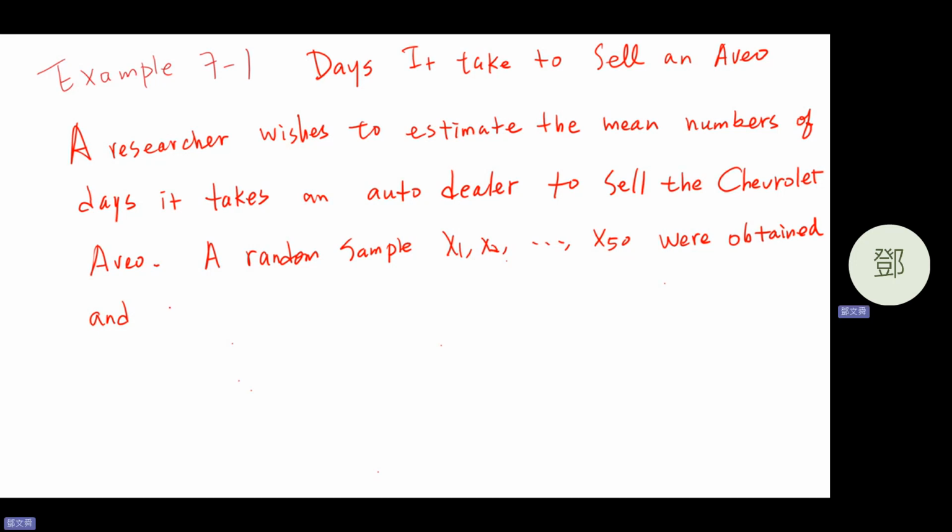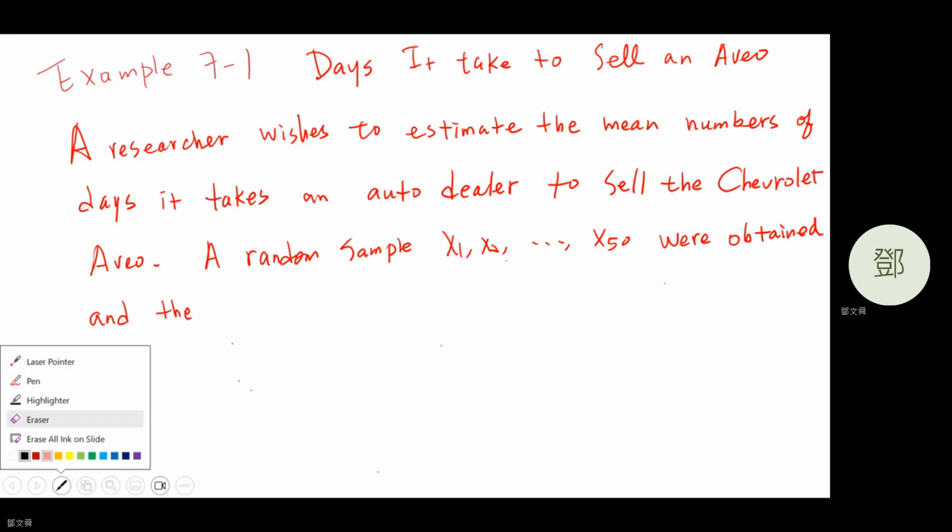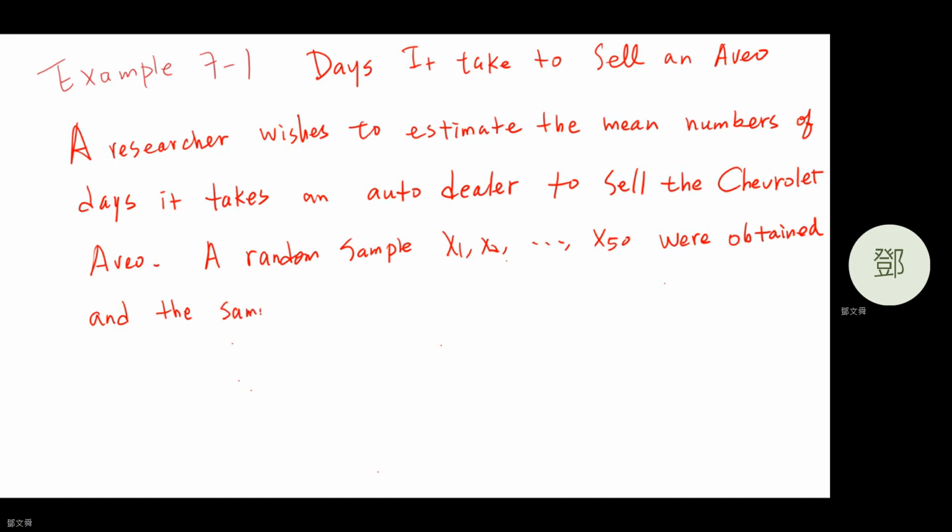Obtain the simple mean. How many days? 54 days. Okay.